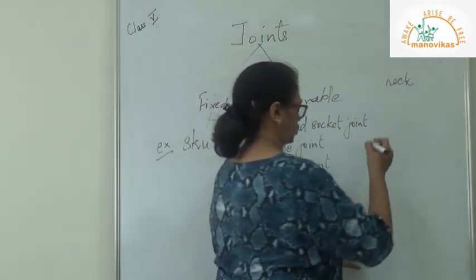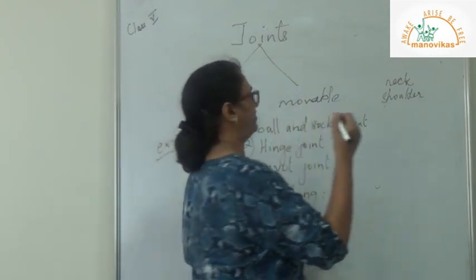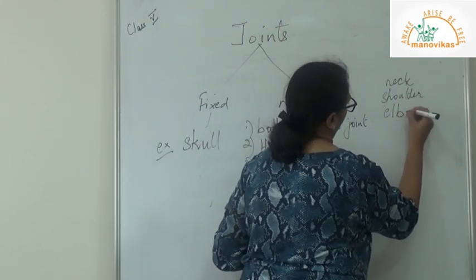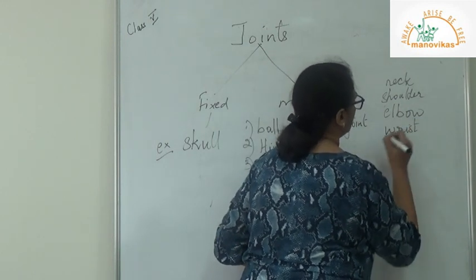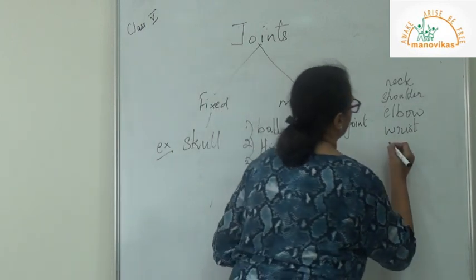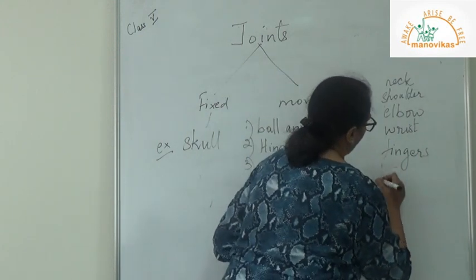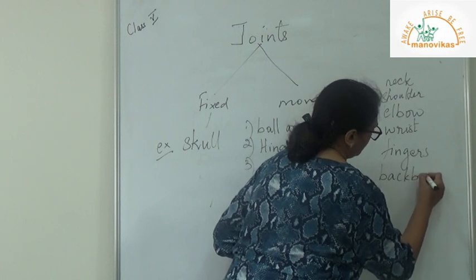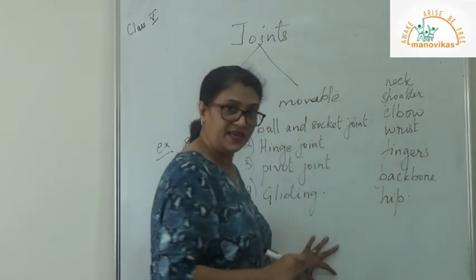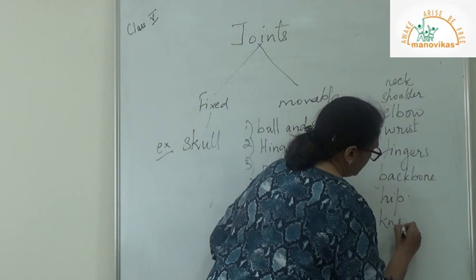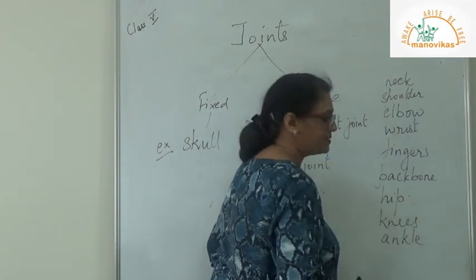Then we have a joint at the shoulder, the elbow, the wrist, fingers, backbone, hip, knees, ankle, and toes.